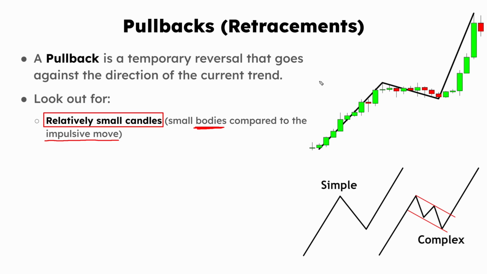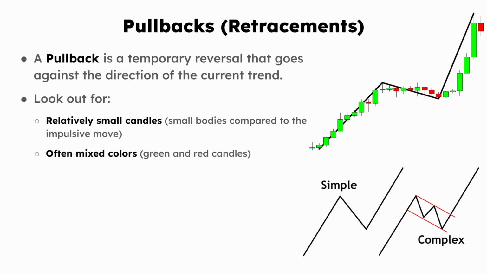If we once again look at this image, this right here is the impulsive move. In this move, we have multiple candles with large real bodies. So what I want to see in the pullback is that the bodies of the candles should be pretty small compared to the candles of the impulsive move. And in this case, we can indeed see that the candles in the pullback are much smaller compared to the impulsive move. So this is a good sign that we're talking about a pullback.